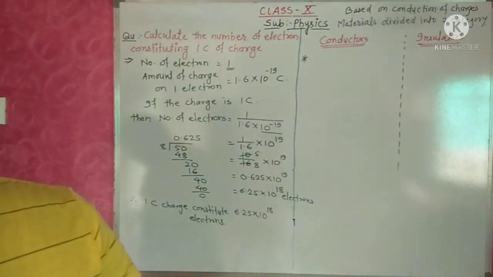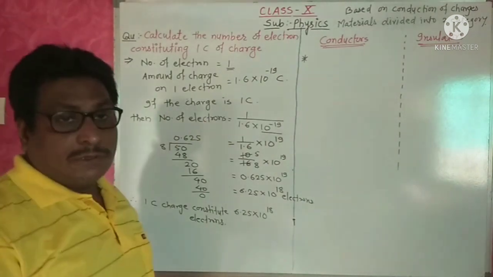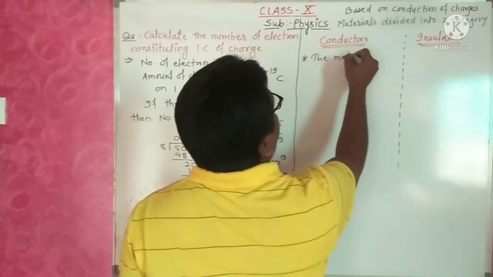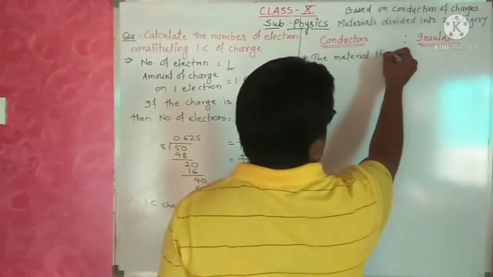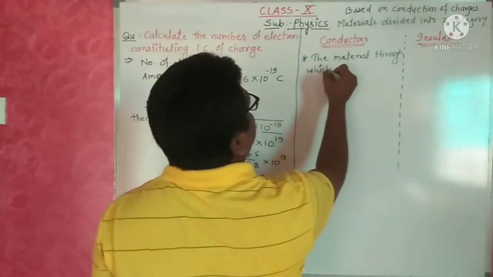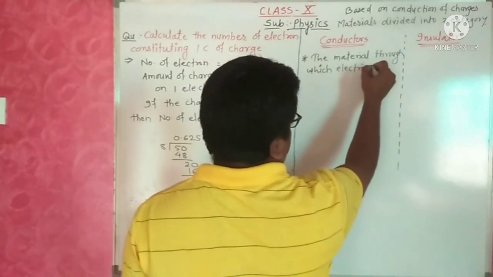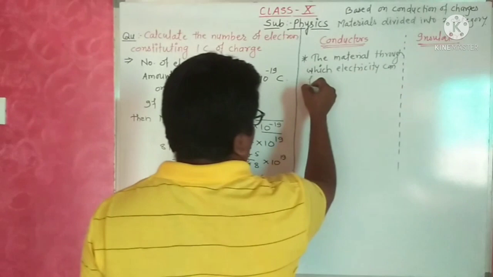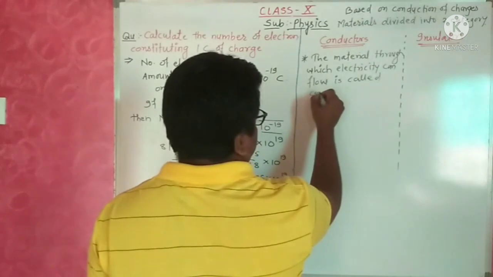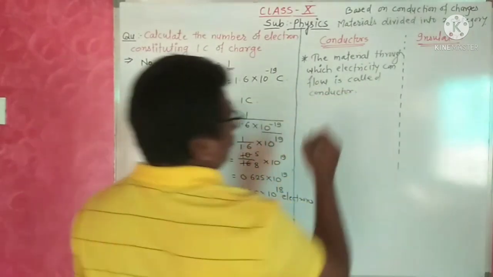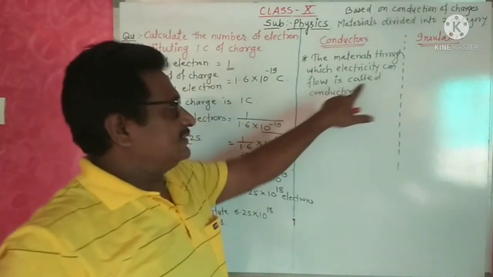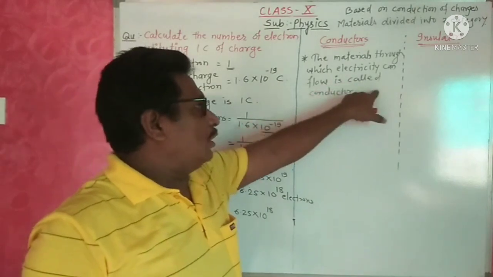So what is the meaning of conductor? The material through which electricity can flow is called a conductor.